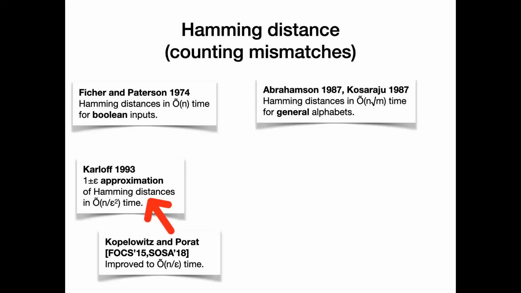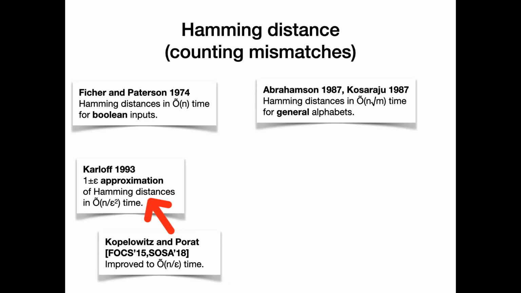But then, of course, we can relax the problem, because we all like linear time algorithms, and maybe we don't care about the exact number of mismatches, but just the magnitude. You can get a linear time algorithm, essentially a 1 plus minus epsilon approximation, by a very simple application of random projections, and get a complexity of n over epsilon squared time.